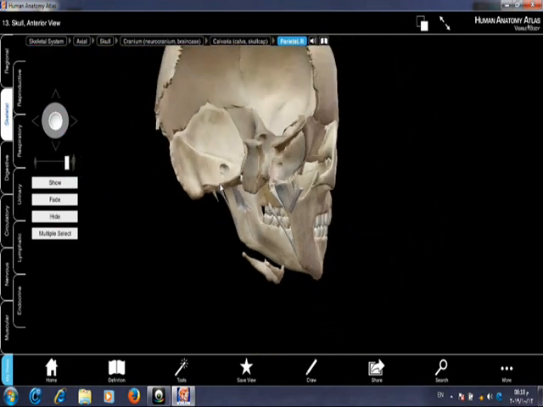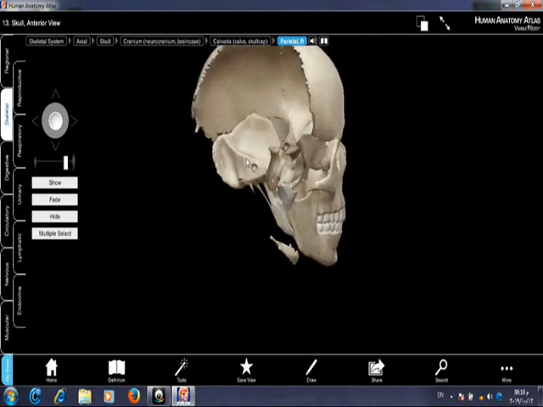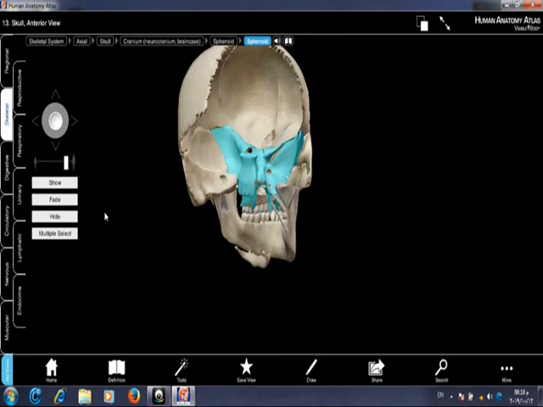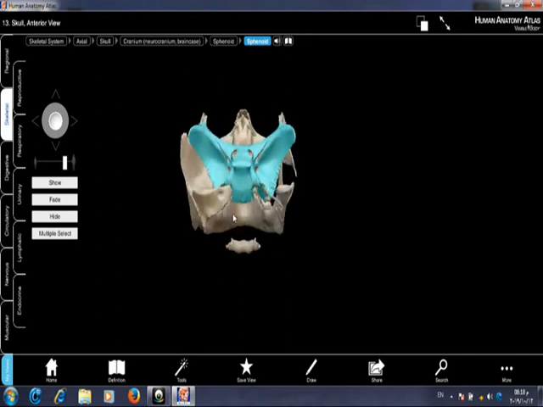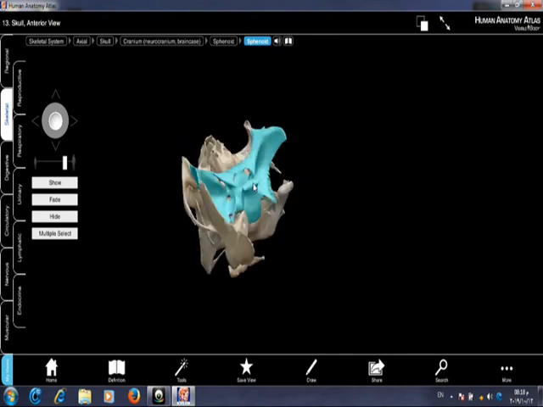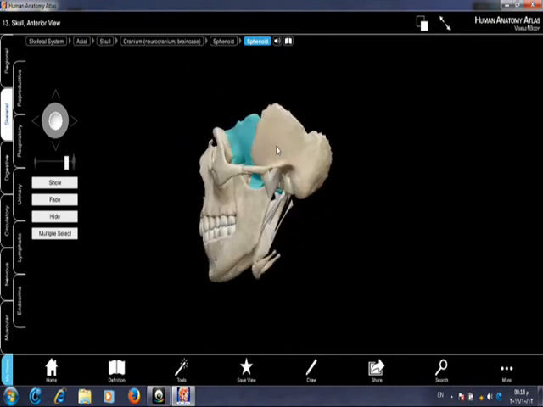Okay, this is the sphenoid, all this from the interior. This is sphenoid. So from the outside, you see the sphenoid is this only.